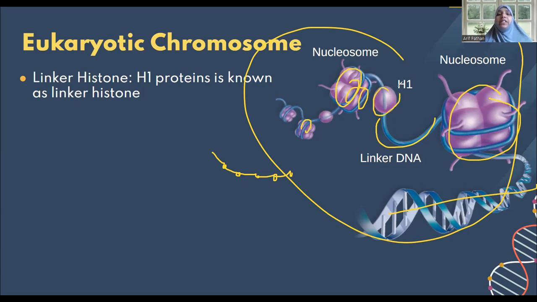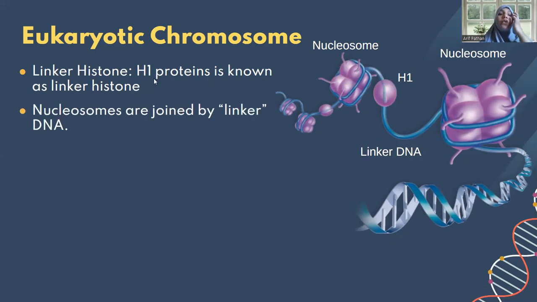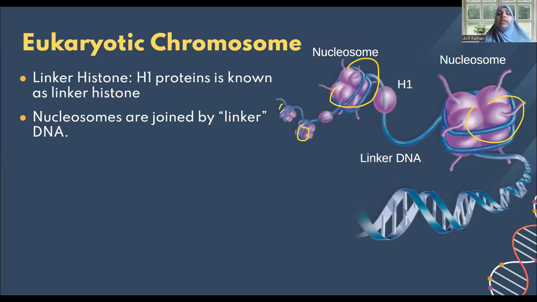Okay, and in between you will see H1, another histone protein separately, which will act as a linker protein. So H1 is known as the linker histone. Nucleosomes are joined by linker DNA. So one nucleosome is joined to another, this joined to another.